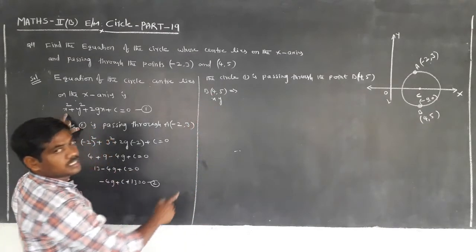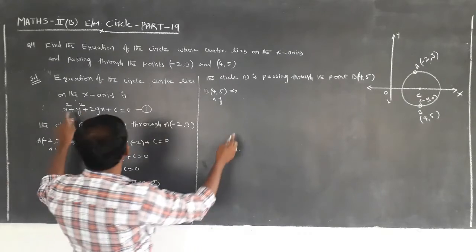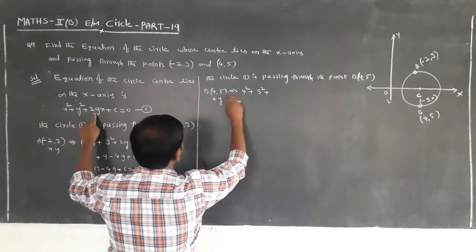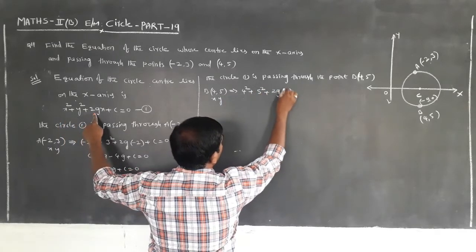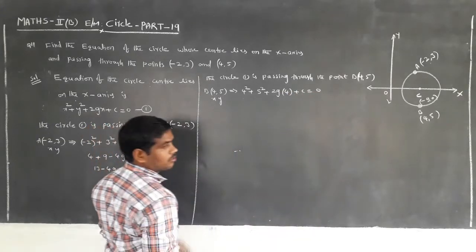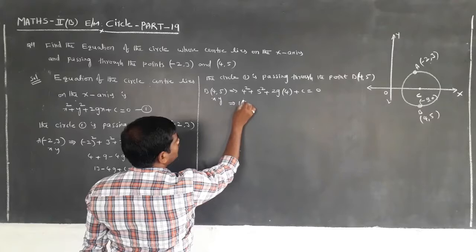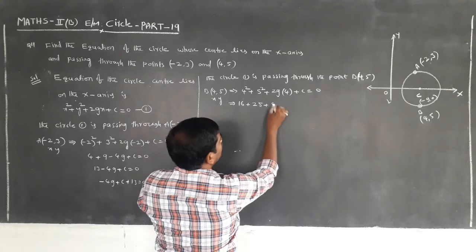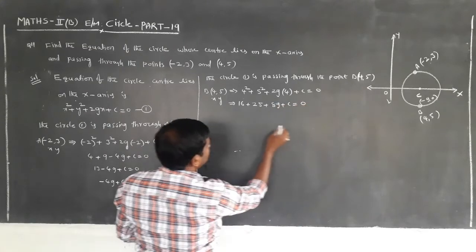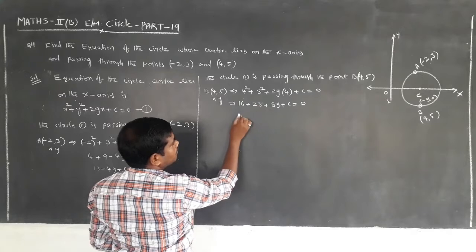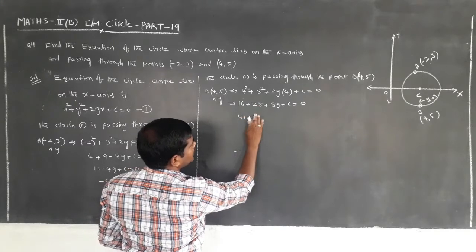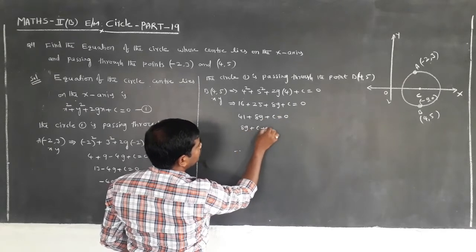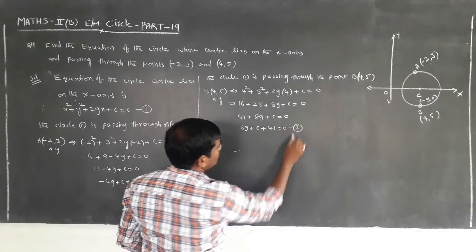Here substitute x equal to 4, y equal to 5. x square, 4 square, plus y square, 5 square, plus 2g into x, 4, plus c is equal to 0. 4 square is 16, 5 square is 25, plus 2 fours are 8g plus c is equal to 0. 16 plus 25 is 41, so 8g plus c plus 41 is equal to 0.